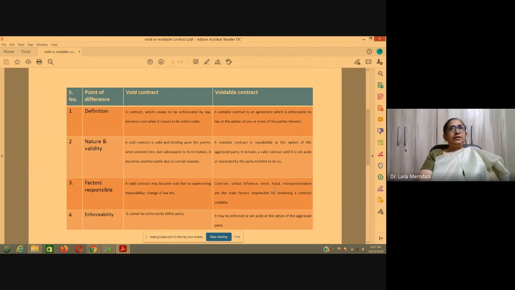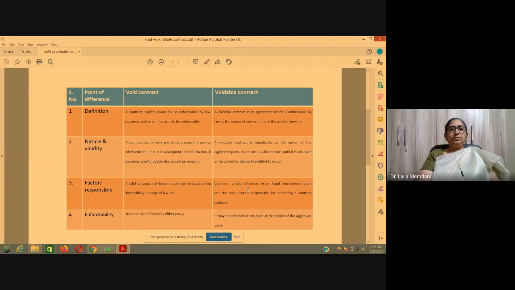Supervening impossibility also arises when the subject matter is destroyed, like you have agreed to sell a certain quantity of sugar lying in your warehouse, but because of rainwater entering the warehouse, your stock of sugar is totally destroyed, so it is impossibility of performance.